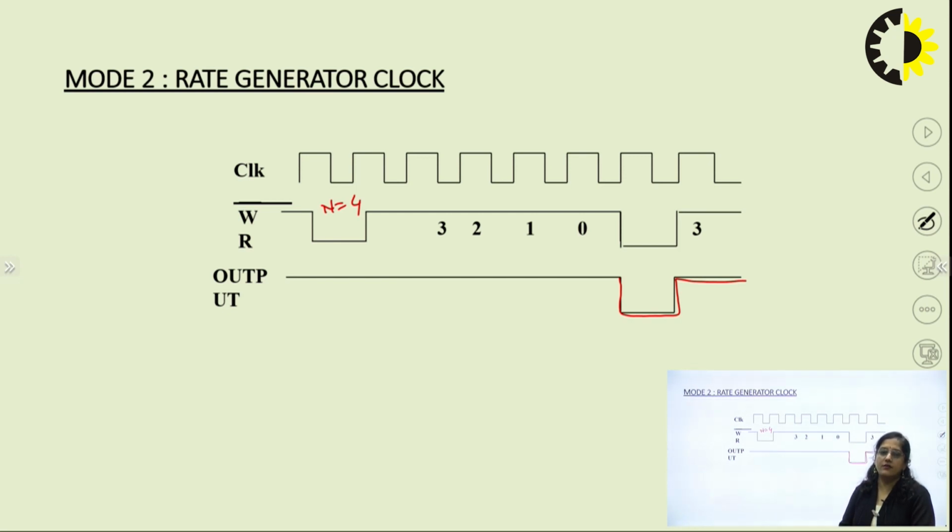The rate generator is used where we want a repeating output. If we change N to 5, then after 4 clock cycles we will have the output pulse, and until that time the output will be high.